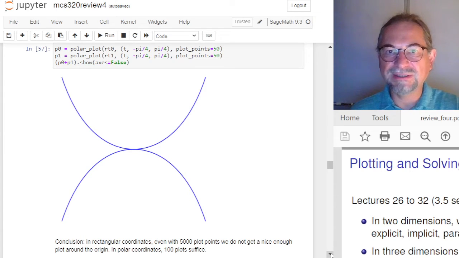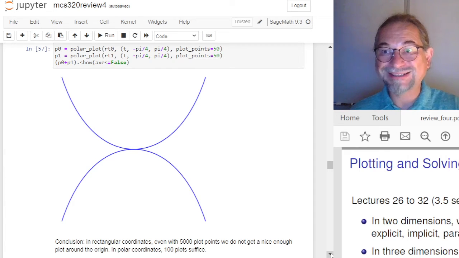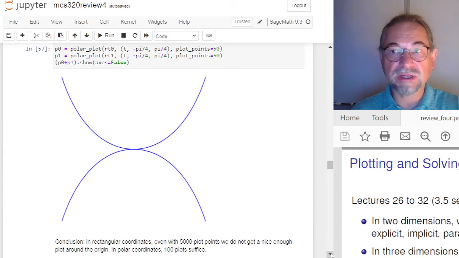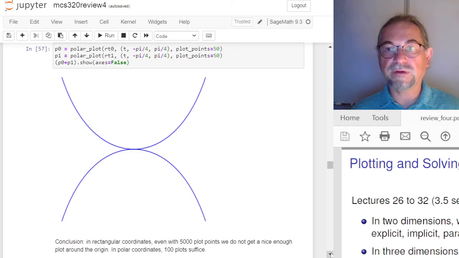And now you see that 50 points for the upper part, 50 points of the lower part. With 100 points, I get a very nice plot, and that's much better than the 5,000. So that's 50 times better, simply because the r equals 0 was a singularity that got divided out. So here we do a geometric form of factorization.